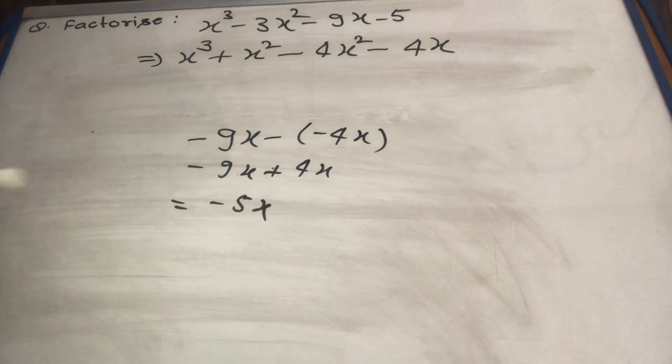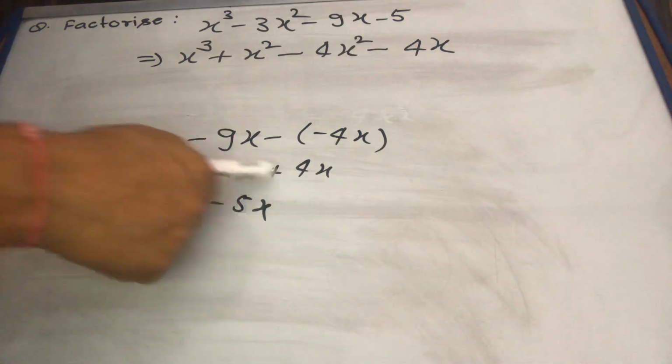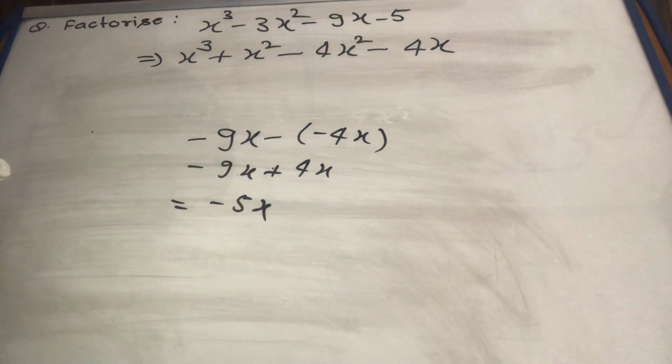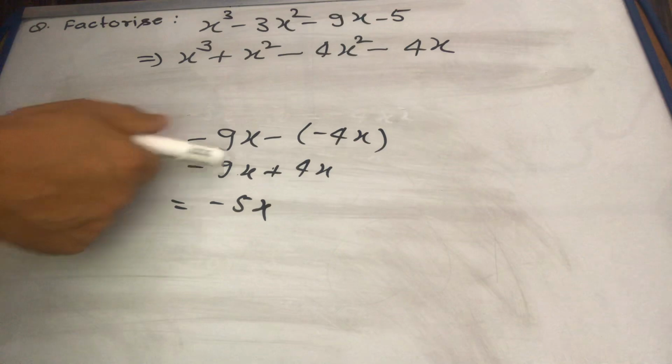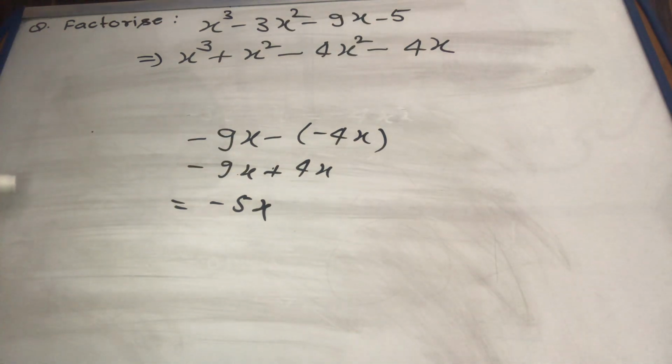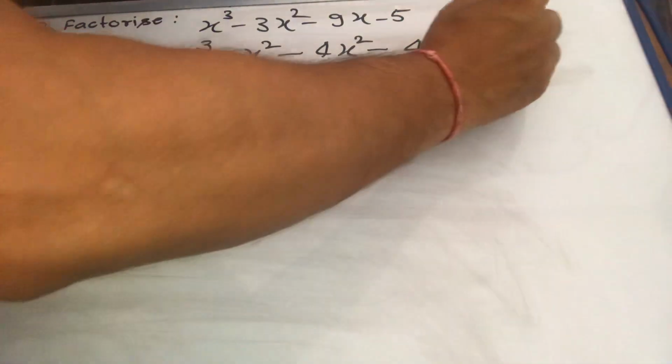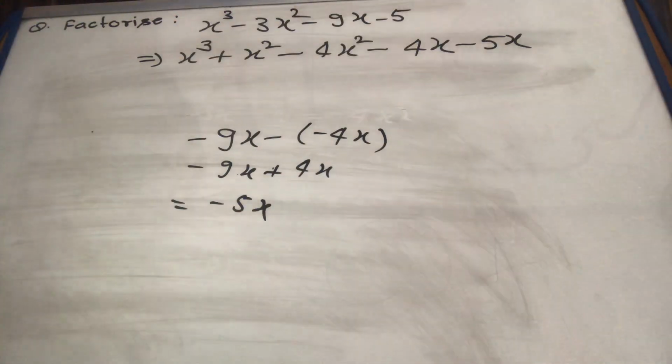Am I correct? Because the signs are opposite, you subtract from each other and put the same sign as the one with the largest coefficient. So this is minus 5, and you write minus 5x same to same.